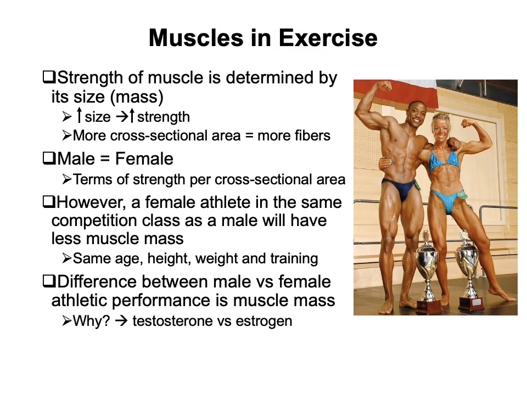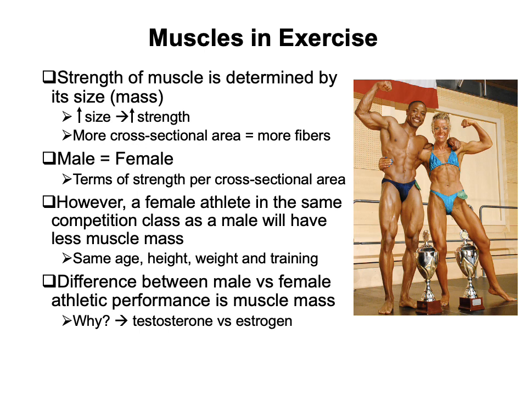The main difference is muscle mass and exercise. The strength of muscle is determined by its size or mass. Increased size equals increased strength. The more cross-sectional area a muscle has, the more muscle fibers it will have, the more strength it will have. Males equal females in terms of the strength of the muscle per cross-sectional area.